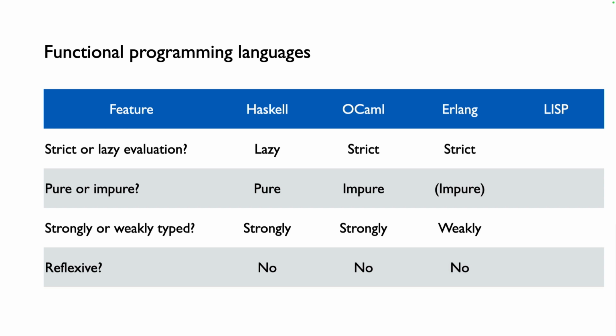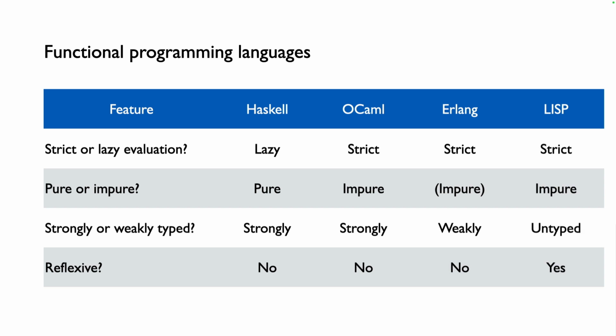So that's why I put impure in parentheses there. It's somewhat impure. It's impure in certain directions, and it's weakly typed. Type errors are delayed until runtime with Erlang, and again, it's not reflexive.